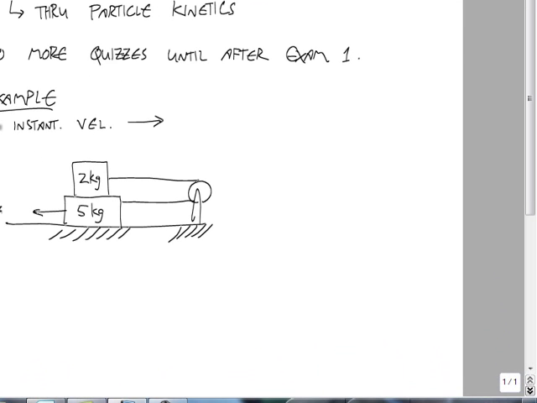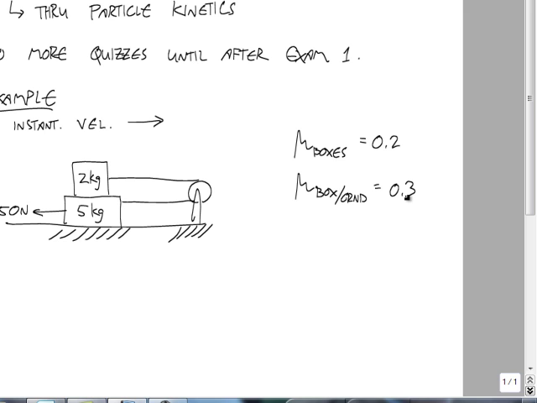There is a 50 Newton force applied this way. And we have friction. There's a coefficient of kinetic friction between the boxes of 0.2, and a coefficient of kinetic friction between the 5 kilogram box and the ground of 0.3.